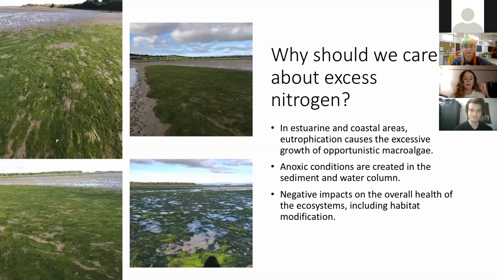There's also another issue with it. Particularly in coastal areas, we get opportunistic macroalgae. So not microalgae like I was just talking about, this is macroalgae. This is also as a result of there being too much nitrogen in the water. It's normally green macroalgae, as you can see in the images, though you can get green, red or brown macroalgae.